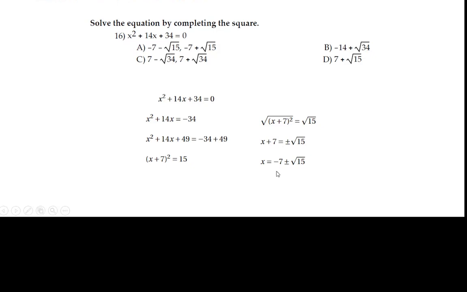We get x equals -7 plus or minus radical 15. So -7 minus radical 15, -7 plus radical 15. That's -7 plus or minus radical 15. I think I might have just said 15.